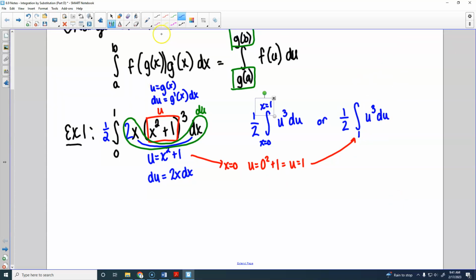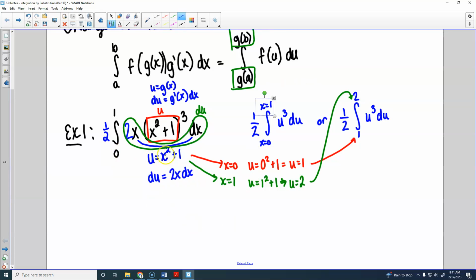And then we can do that same thing for if x equals 1, then u would equal 1 squared plus 1, which would give you u equals 2. And we would put that up here as our top limit of integration. So basically all we are doing is we're taking our limit, we're plugging it into our u.